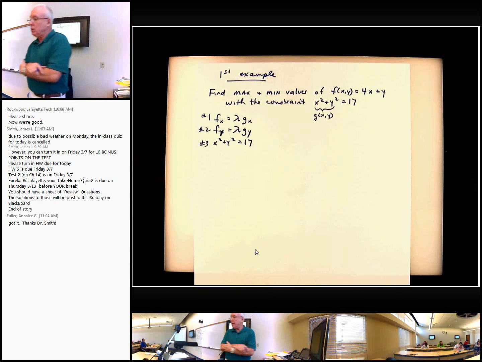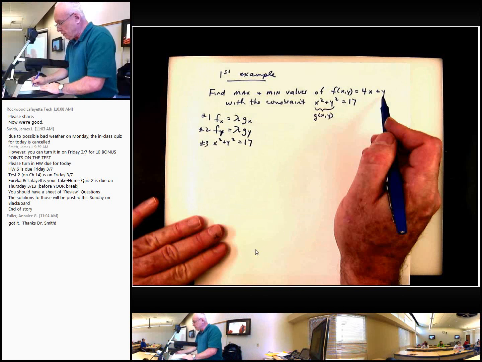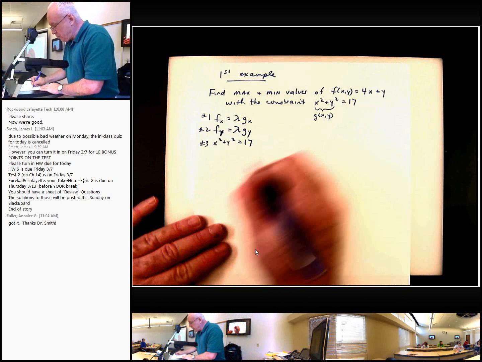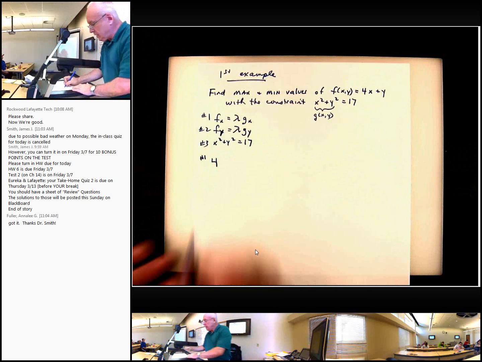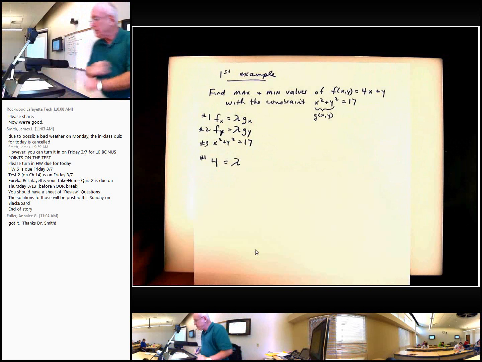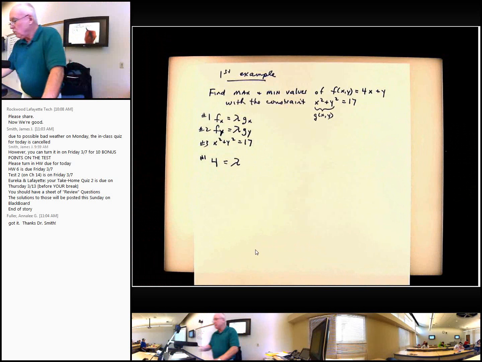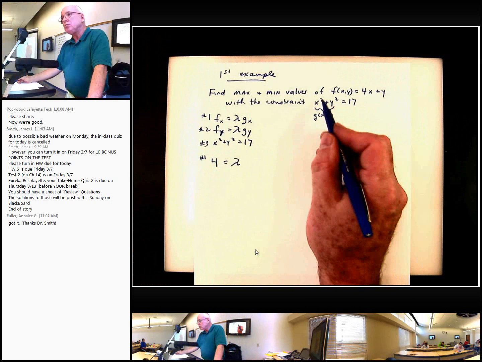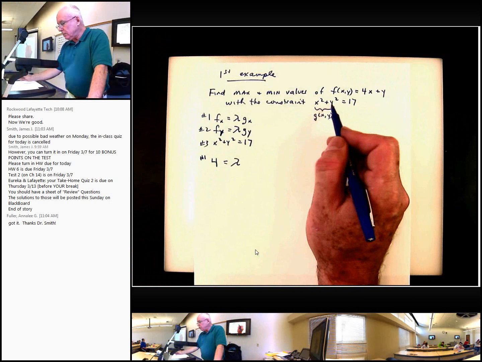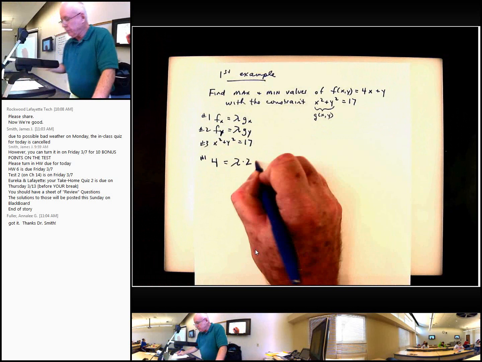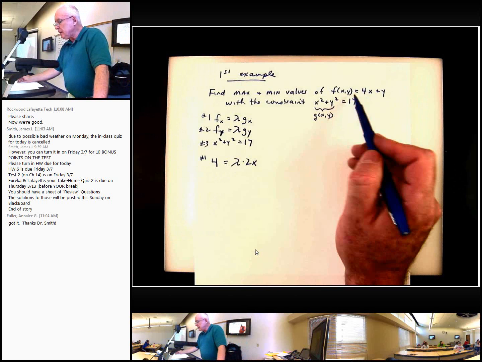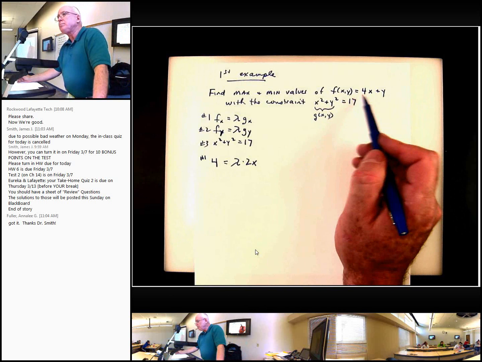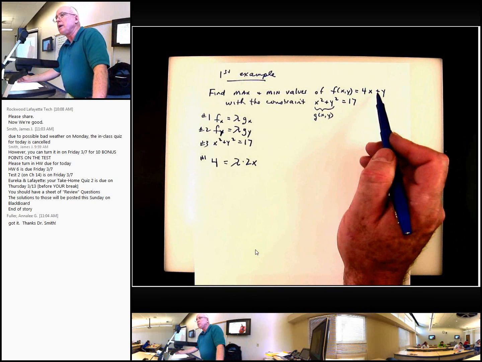f_x, y is constant, so f_x here is going to be 4, and that's equal to lambda times g_x. Well, g is x squared plus y squared, so g_x is equal to 2x. That's the partial of 4x plus y with respect to x. That's where the 4 came from.